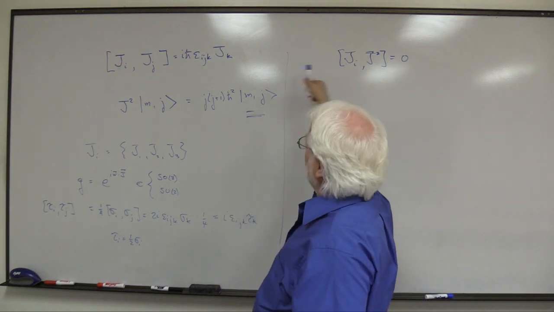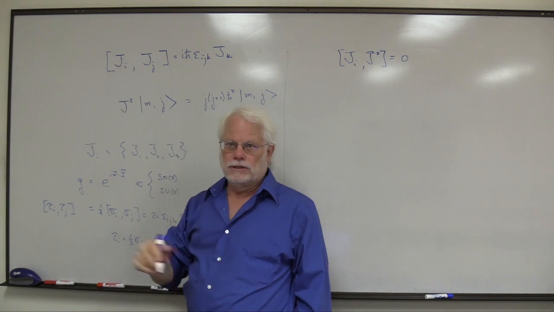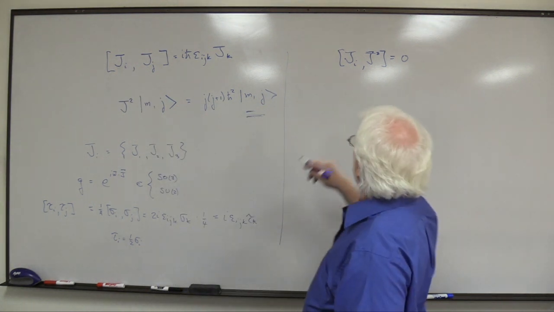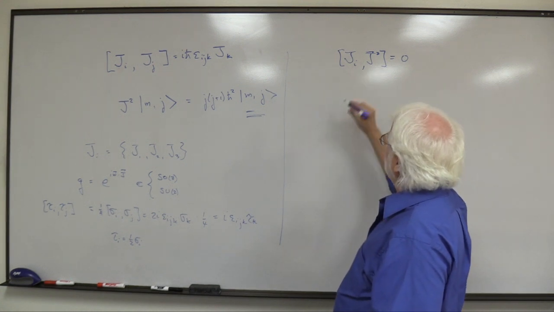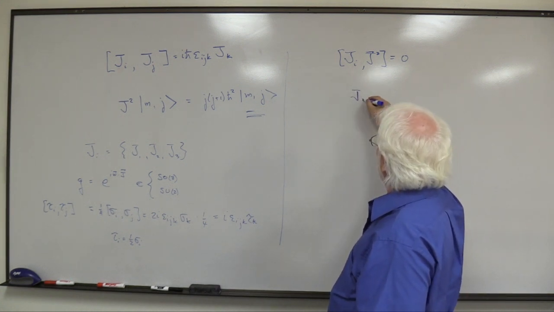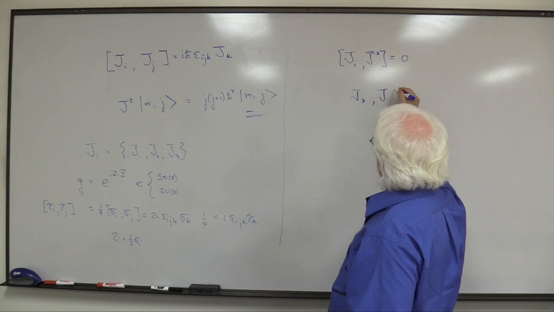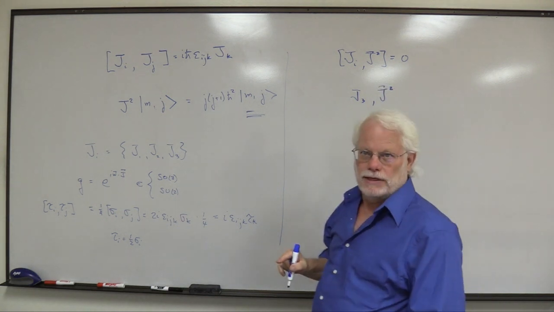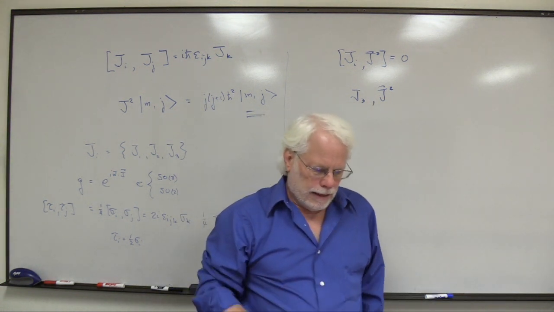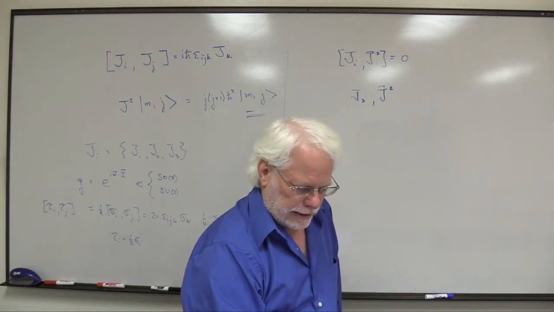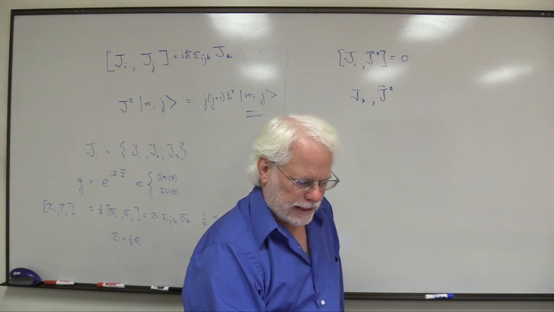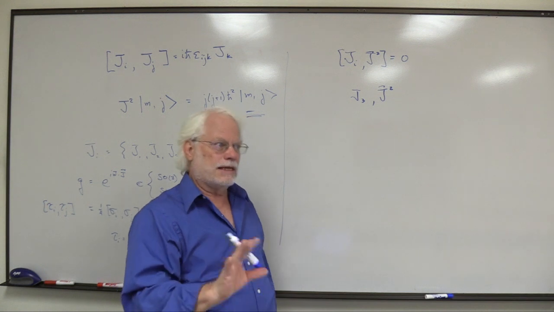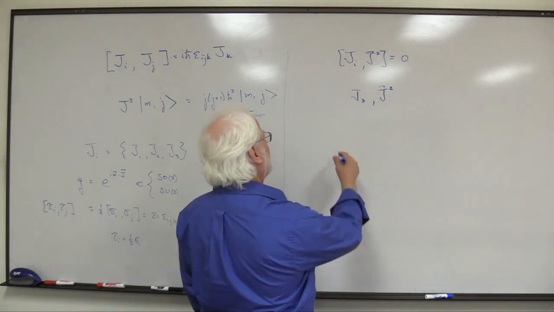But none of them commutes with the others. So we can diagonalize at most one of these, and we usually choose J3. So we can simultaneously diagonalize both J squared and J3. The eigenvalues are what we want to determine.